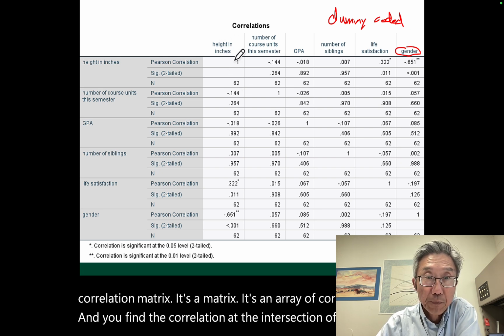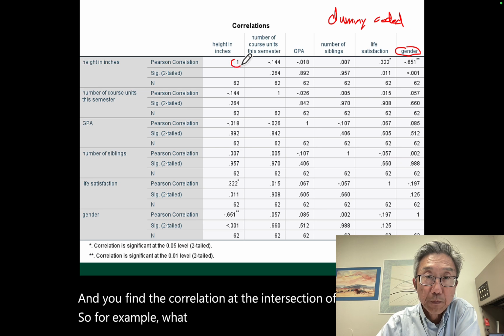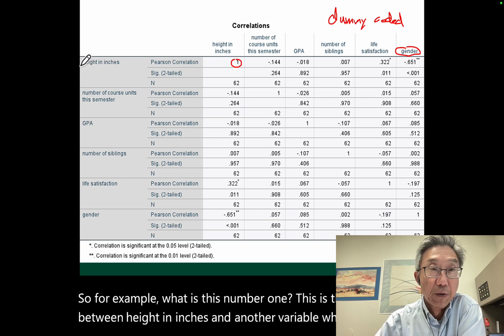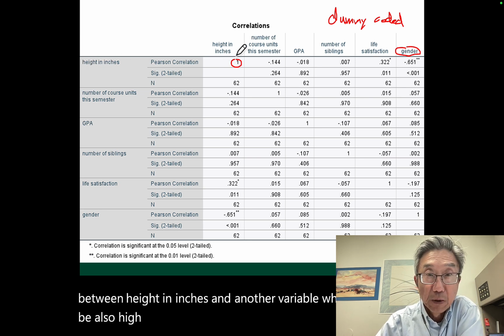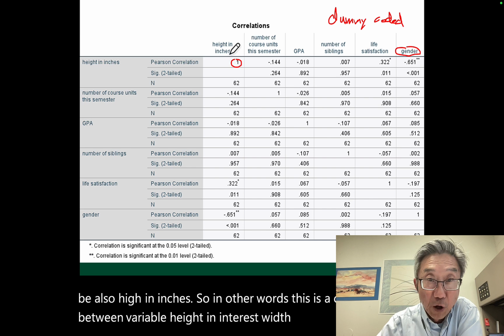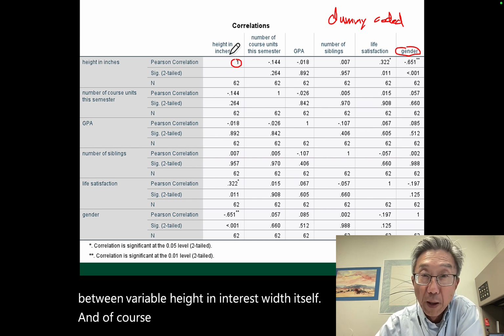So for example, what is this number 1? This is the correlation between height in inches and another variable, which happens to also be height in inches. So in other words, this is a correlation between the variable height in inches with itself. And of course, the correlation is 1.